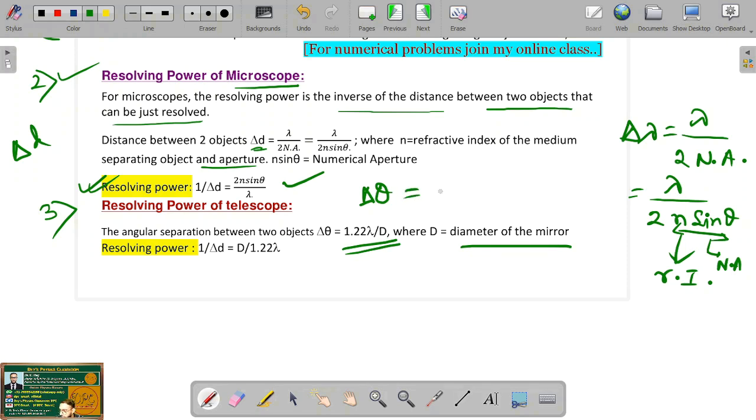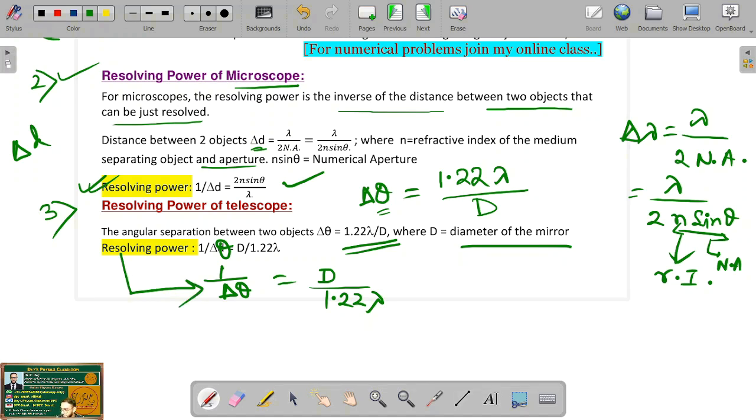So delta theta, the angular separation between two objects, should be 1.22 times the wavelength used lambda divided by the diameter of the mirror used, that is capital D. So resolving power would be 1 by angular separation, that is 1 by delta theta, that would be D divided by 1.22 lambda. So this is the resolving power for a telescope.